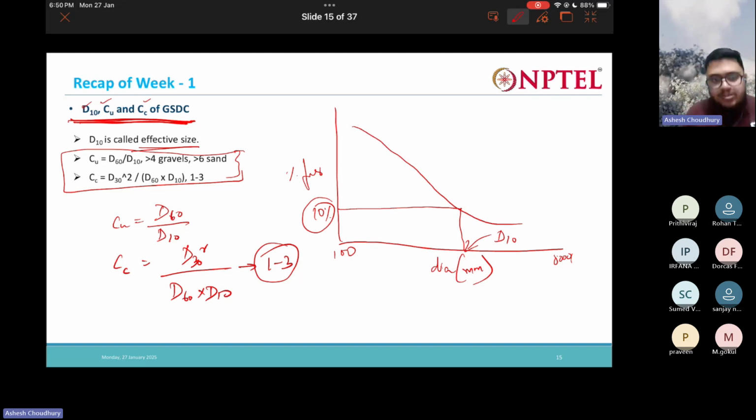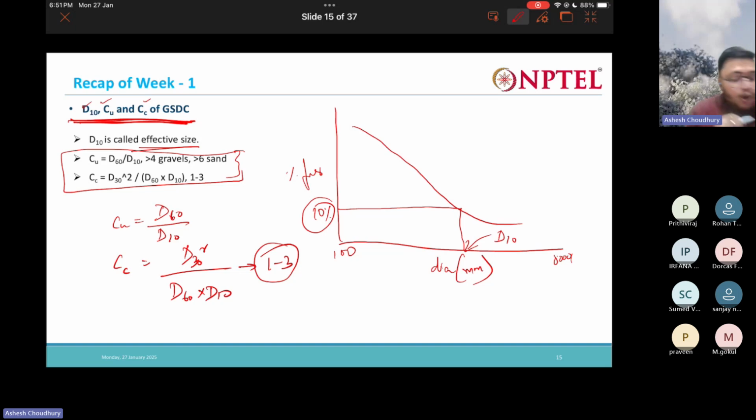We'll use these things while we classify the soil, in the next class or the one after, whenever we discuss the topic of soil classification. You will see we'll use Cu and Cc to classify granular soils, like sandy soil.